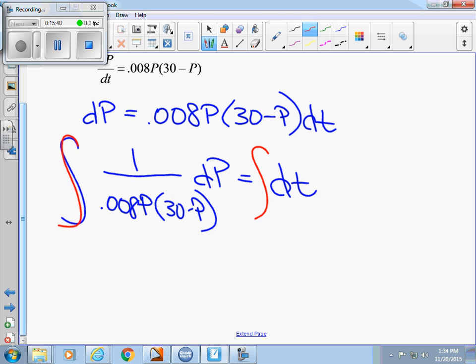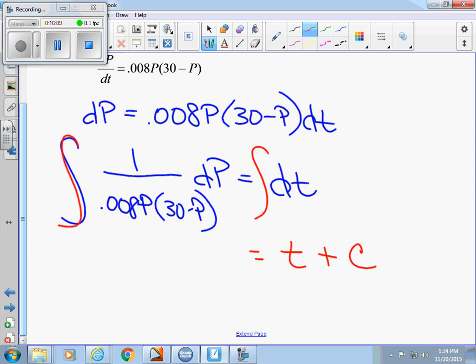So, the right-hand side is easy. Everyone agree the right-hand side is easy? The antiderivative of dt is just t plus C. The left-hand side, not so much. What is it? Yeah, but what?